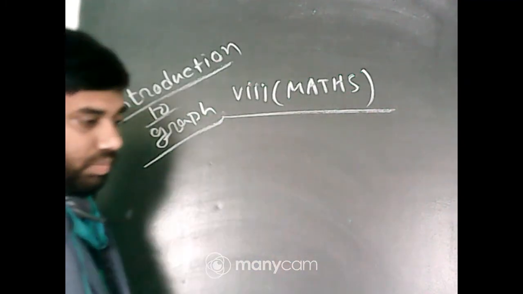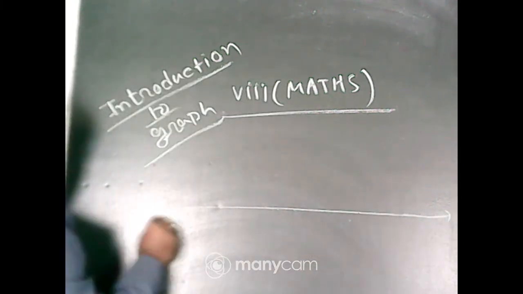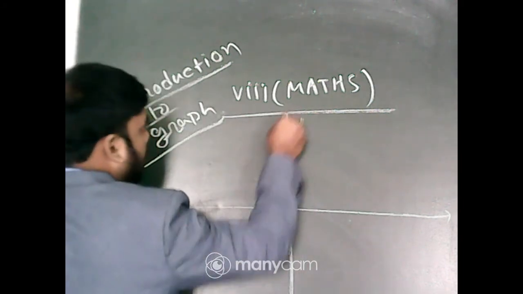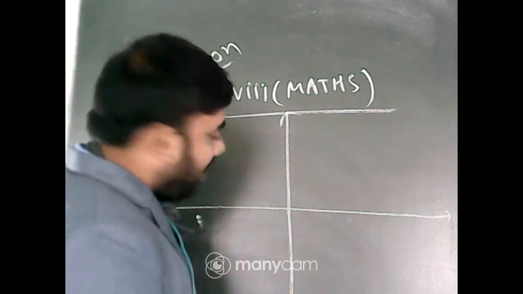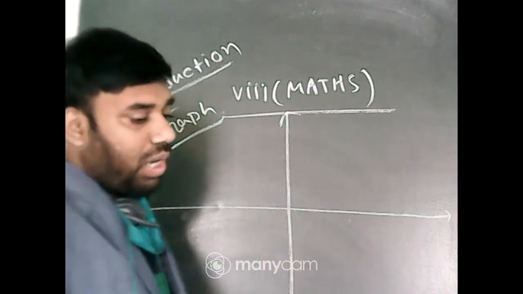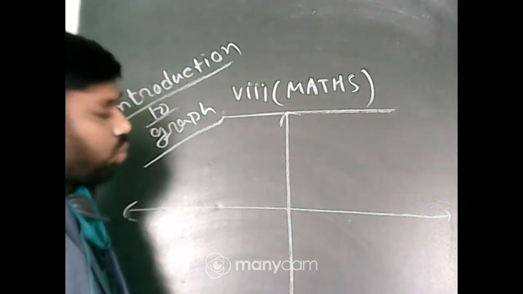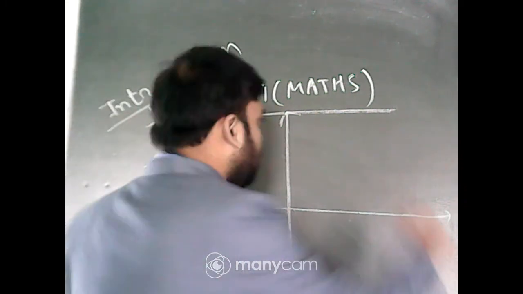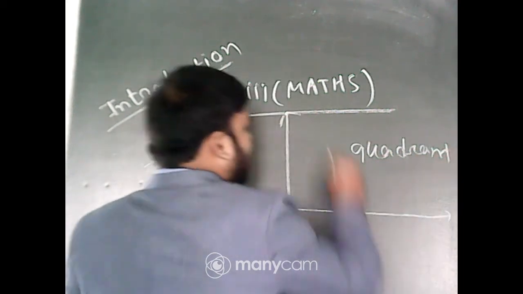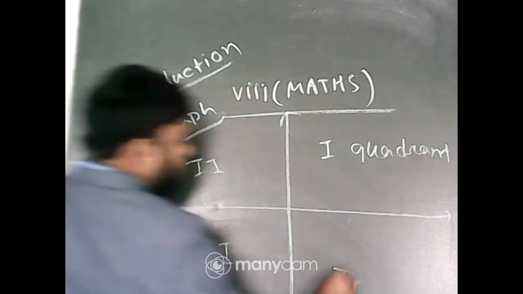That is a plane, and there is one horizontal line and one vertical line. They divide this plane into 4 equal parts, and those parts are called quadrants: first quadrant, second quadrant, third quadrant, and fourth quadrant.